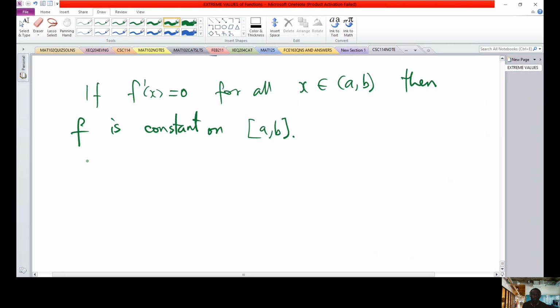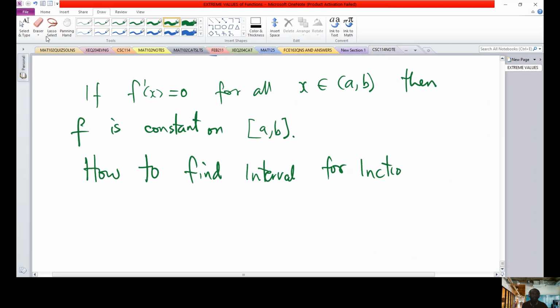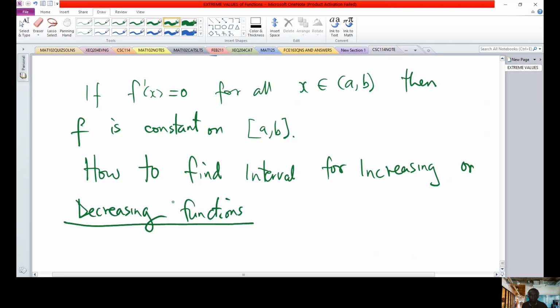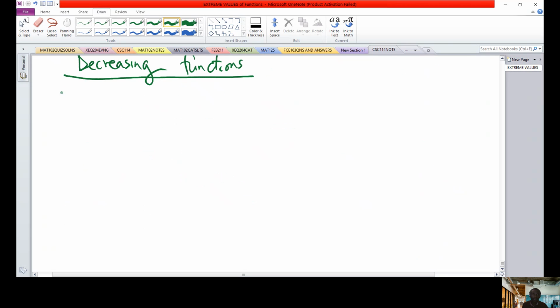So how to find intervals for increasing or decreasing functions. So list them, then next session we do examples.